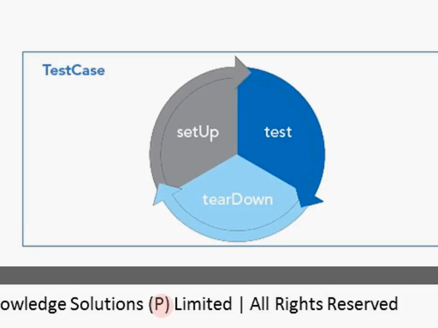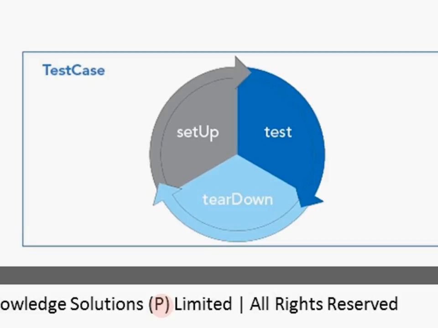For example, I've initiated an object in the setup method and used that object in the test method, and I have to release it, right? You have to release that object or any kind of resource in your tear down method. This method will automatically get invoked by JUnit when we run or execute your JUnit. That's why these life cycle methods must be written in any JUnit test class.